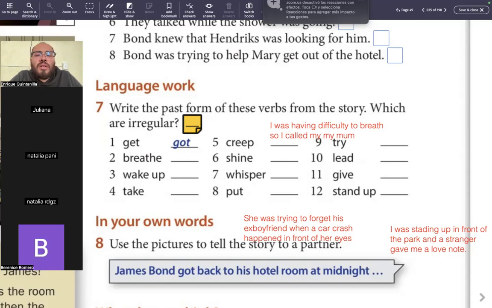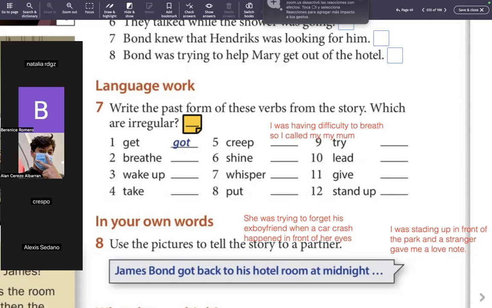I was getting dressed. I tried to remember where I had put my phone. Suddenly, the sun shone through the window and led me to the kitchen. Thank you very much.